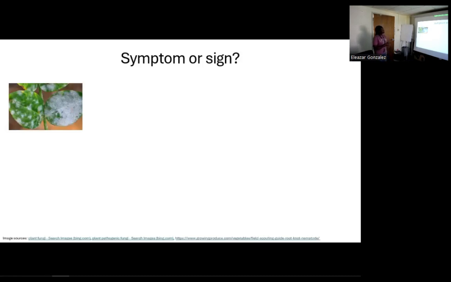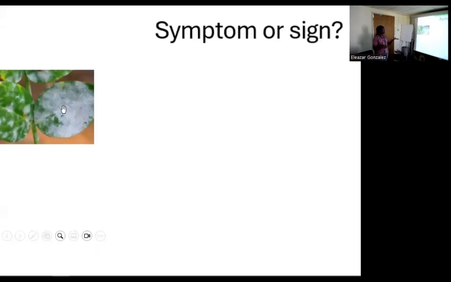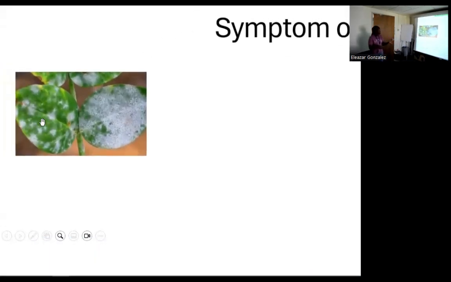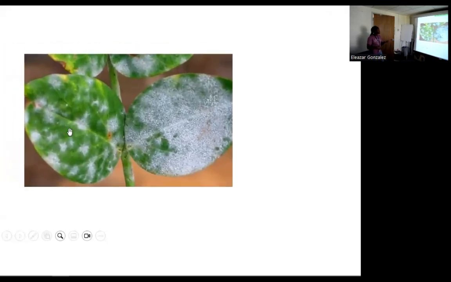Thank you. Okay, so this is an activity based on what we've learned so far: symptom or sign. We'll have a picture one at a time, and you will just tell symptom or sign. Here is a picture with leaf samples, and there's some white mycelia, that's fungal mycelia on the leaf. Probably typical powdery mildew. Would you say symptom or sign?